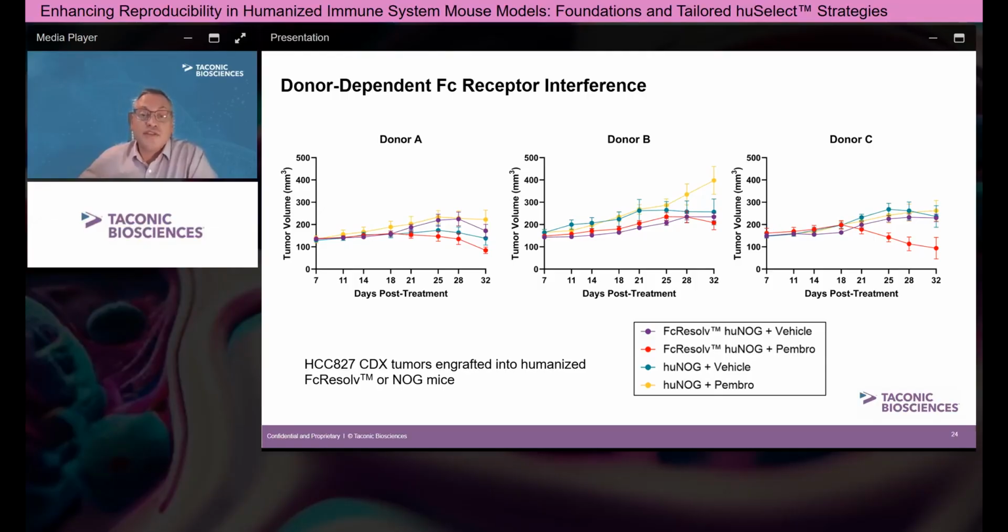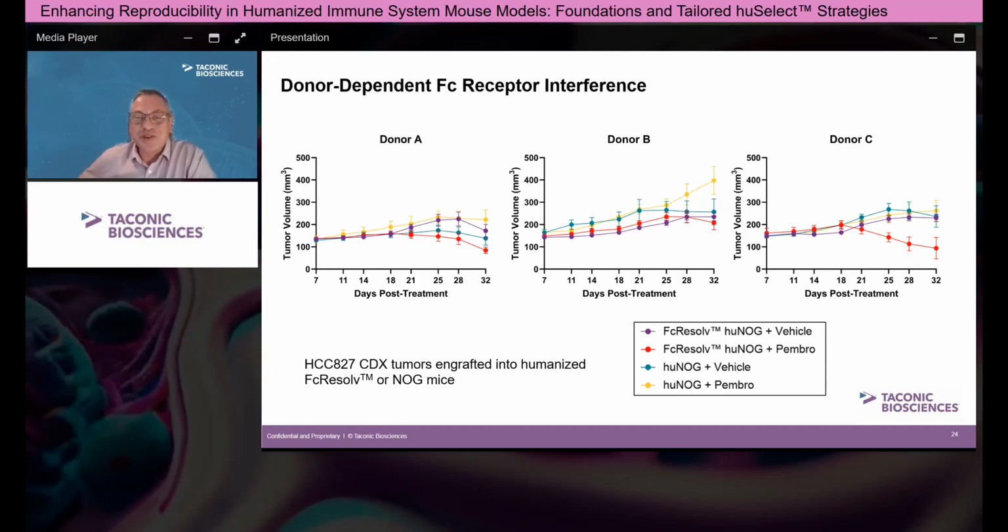And in the first case, donor A, we have essentially a non-responder or a very mild response, regardless of the genetic background of the mouse. In donor B, there is a response, actually a negative response.